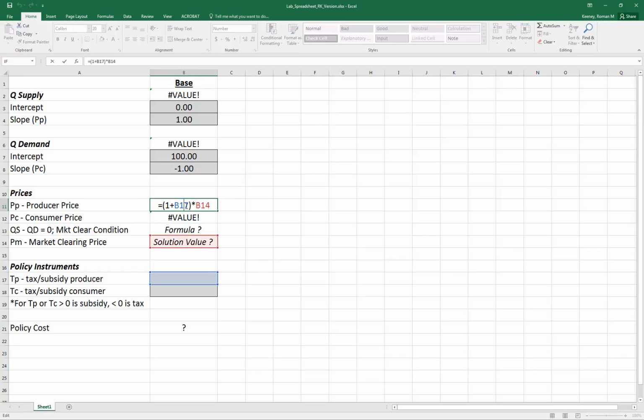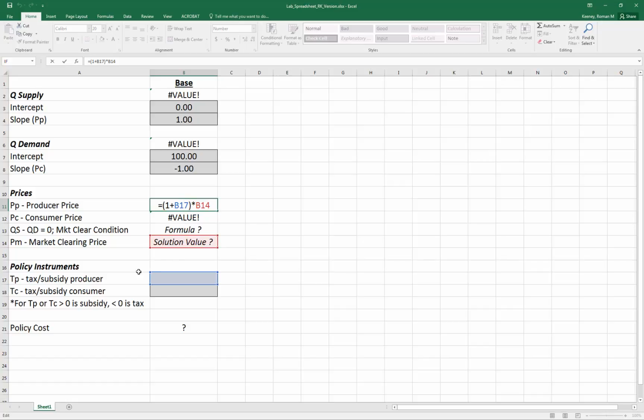And so for these, the formula says we are going to find the producer price. I'm going to take 1 plus B17 and multiply by B14, and we'll think about what that is in a little bit. But the key part here is B14 is the market clearing price. Okay, so the producer price is going to be determined once you know the market clearing price.